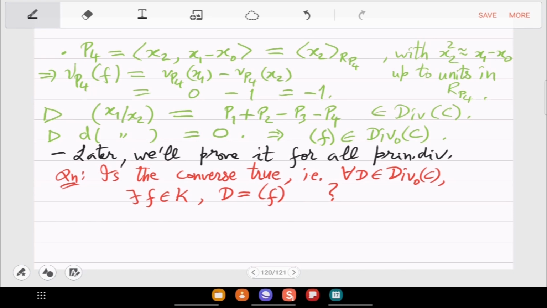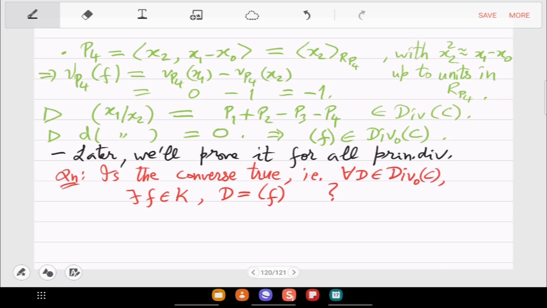This question will lead to a geometric understanding, even though there is no geometry over finite fields. We'll actually show that this is not true for any interesting curve. Actually this thing will be true only for the projective line. So it's only curves which are birational to the projective line that you will get Div 0 equal to basically k. In all other cases Div 0 will be bigger, which means that there will be degree 0 divisors which will not correspond to any rational function.